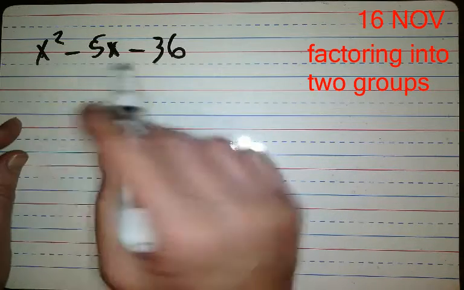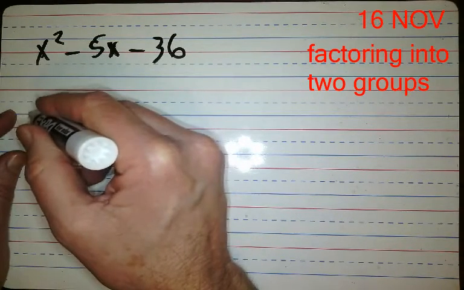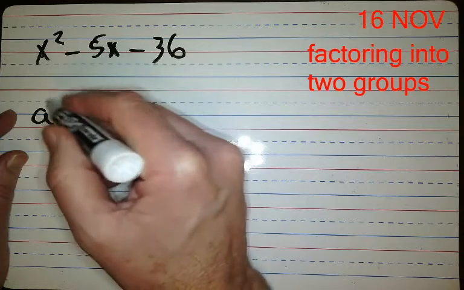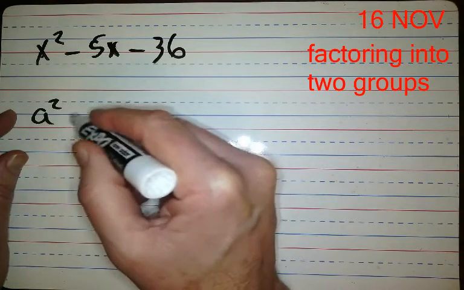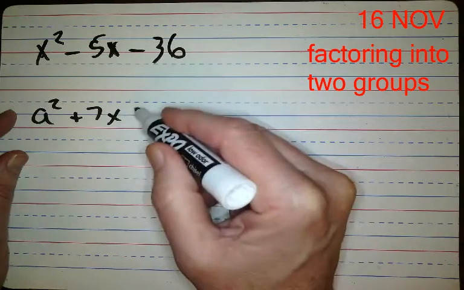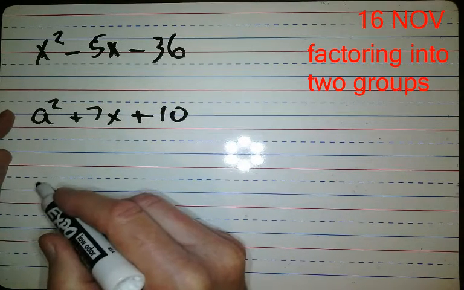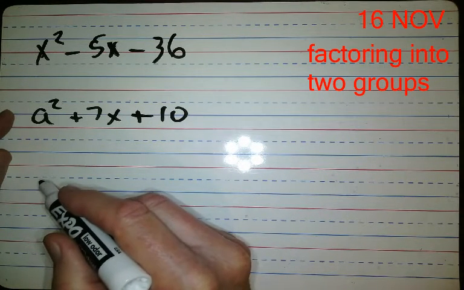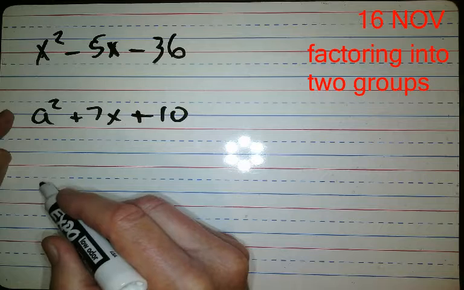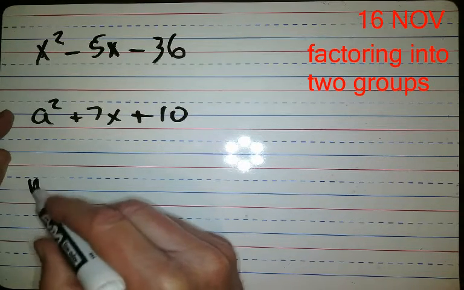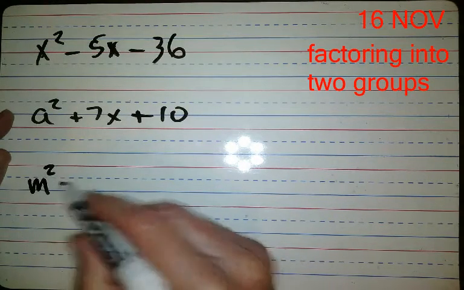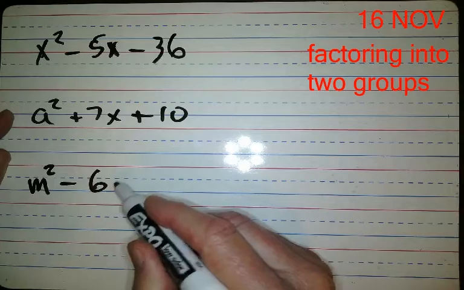So we've got three problems here. Let's say a squared plus 7x plus 10. And then let's try, how about m squared minus 6x.